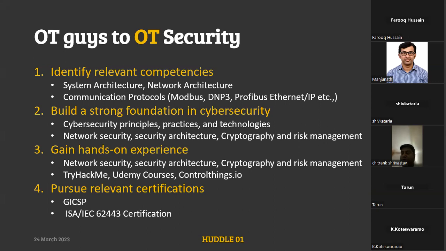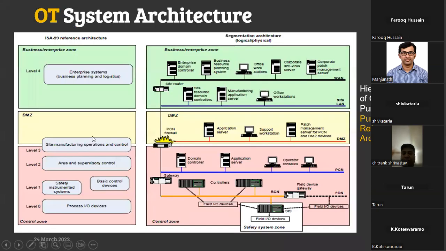So I would like to show this system architecture, just to give you a brief note on how you can leverage your existing skills. If you are from the OEM side, consulting side, EPC side or end user, this is one major document that everyone might have gone through, right?